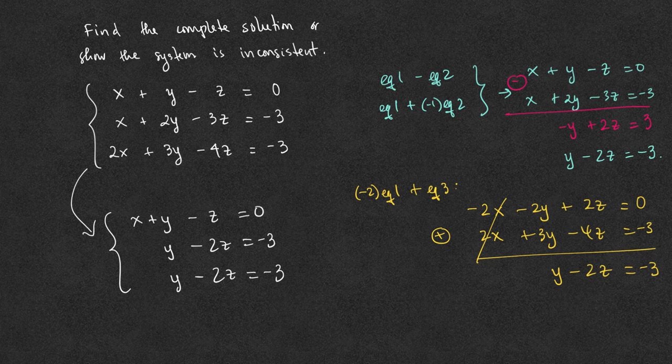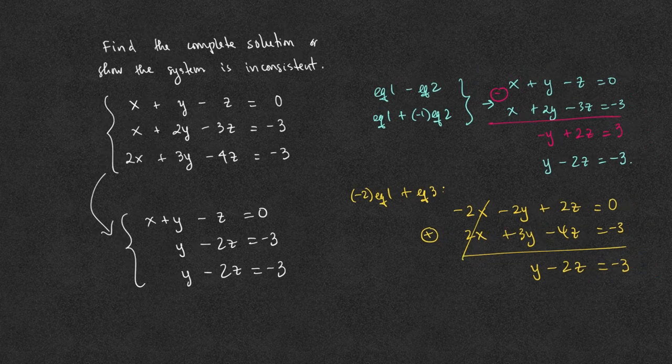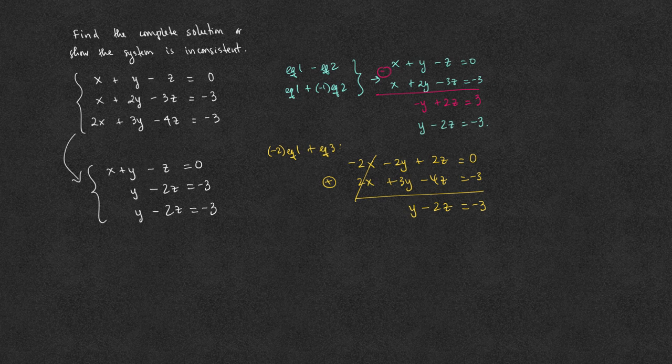And again, the second equation comes from the first and the second. The third equation comes from the first and the third equation. Observe that the second equation and the third equation are the same. So we take the second equation and we subtract the third equation to obtain an equivalent system of equations.